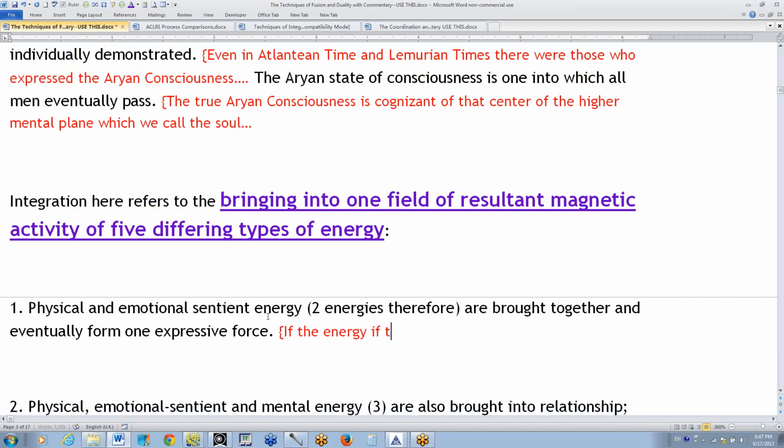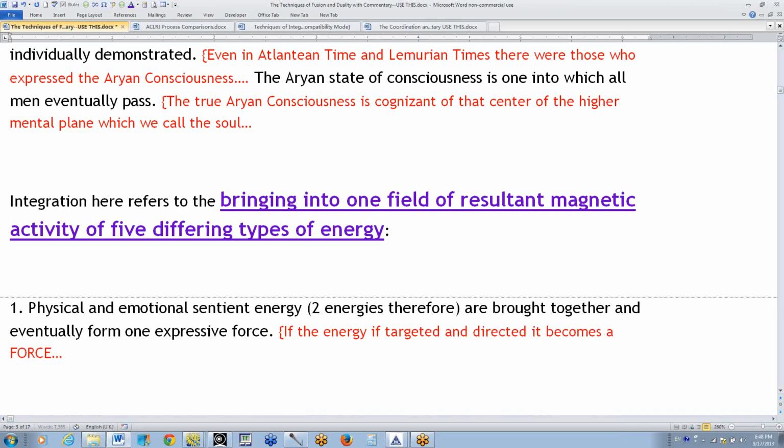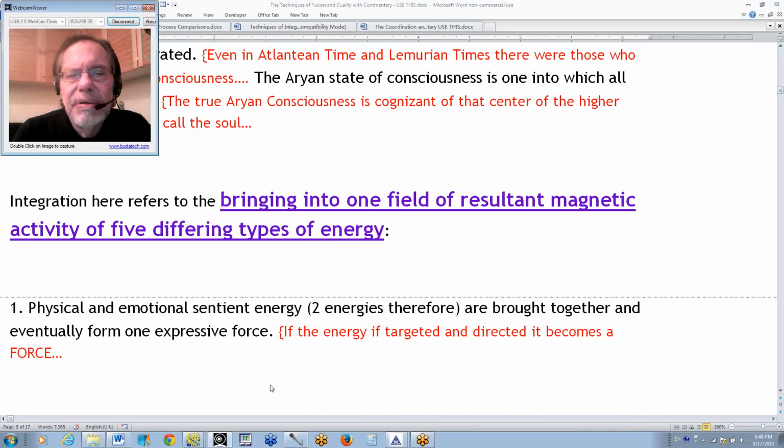If the energy is targeted and directed, it becomes a force. Sometimes there's ambiguity in discussing what's an energy, what's a force. Generally, we think that the energy is of a higher caliber, and it generally is, and a force having to do with a lower energy center.